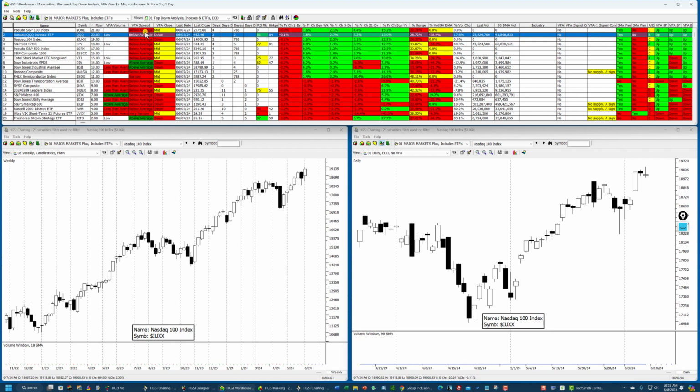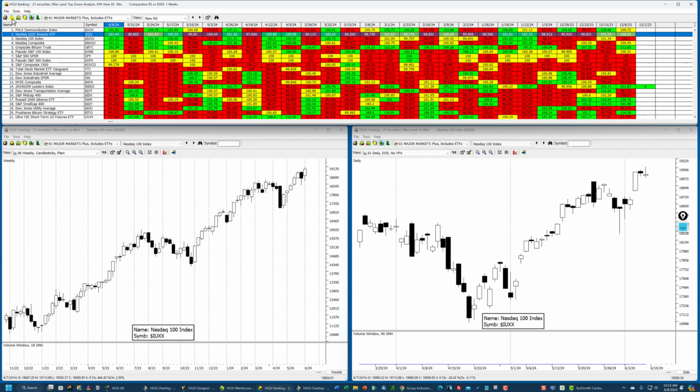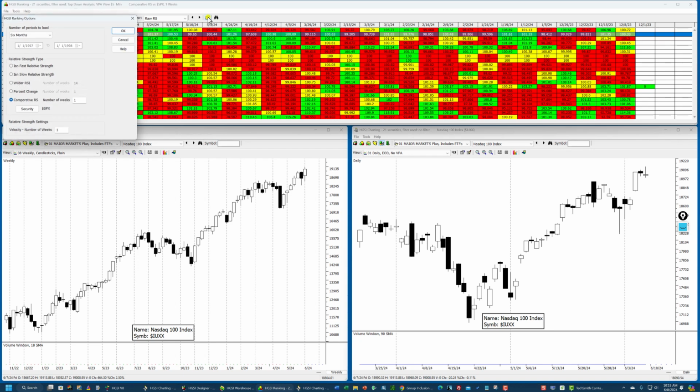Now, before I go take a look at what's in there, let's quickly look at the ranking module here. This is a comparison of the relative strength to the S&P 100 for 1 week. I just set it in here, comparative RS, number of weeks won.